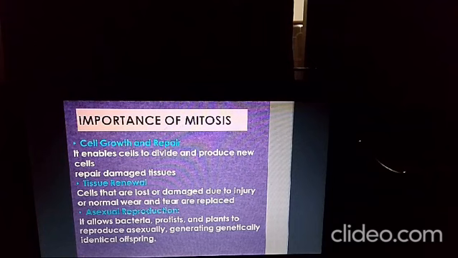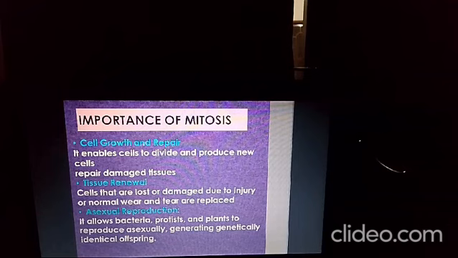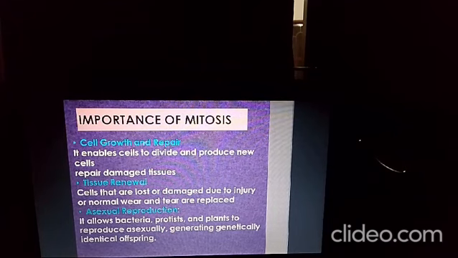Cells that are lost or damaged due to injury or normal wear and tear are replaced by the process of mitosis. Asexual reproduction. Different organisms like bacteria, protists, and plants produce asexually, and they produce offspring which are genetically identical to the parents, and these are all because of mitosis.